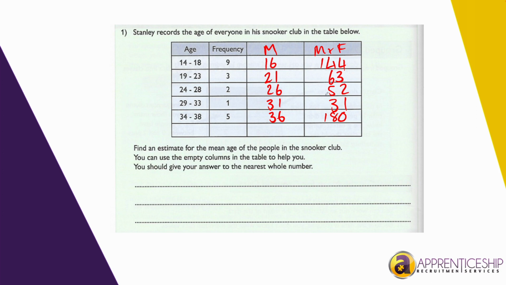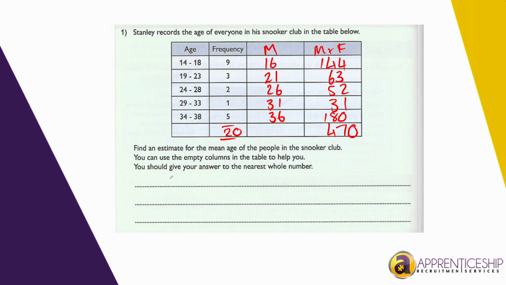Okay, because there is quite a few multiplications here. Then we've got some adding, so 9 plus 3 plus 2 plus 1 plus 5 gives us 20, and then 144, add 63, add 52, add 31, add 180 is 470. So we've done multiplication, we've done adding, now we need to do dividing.